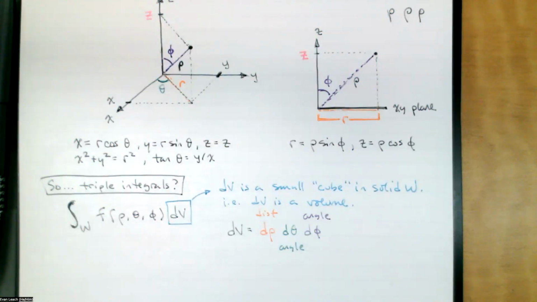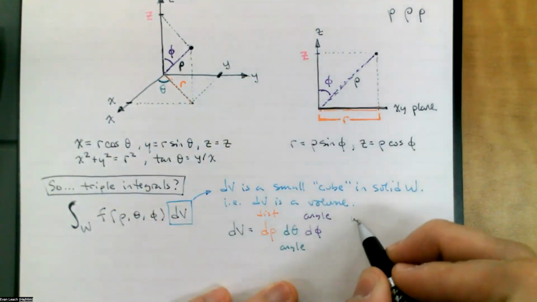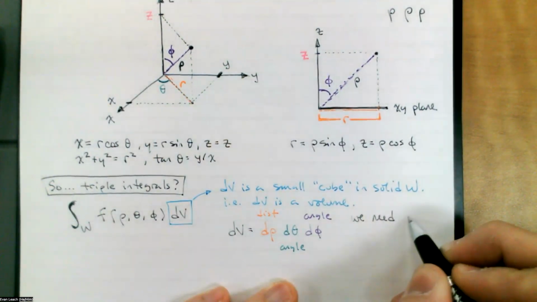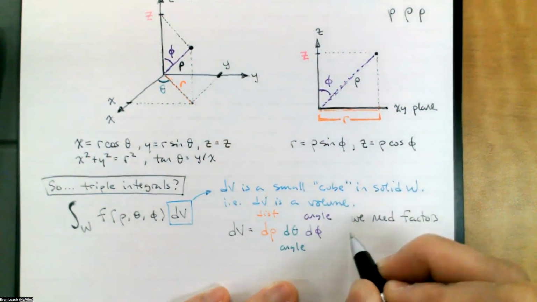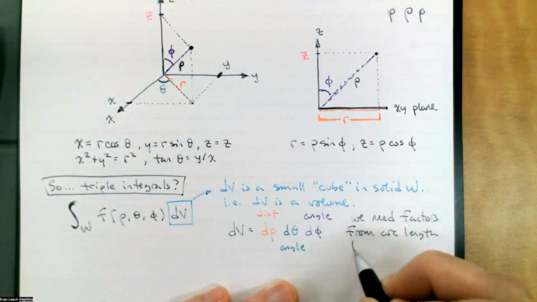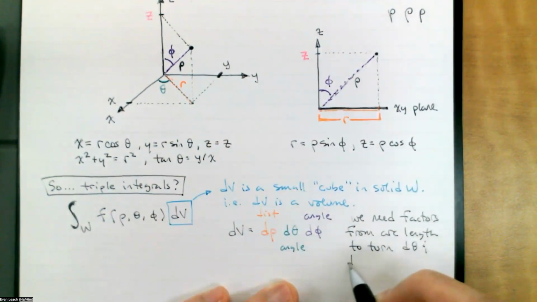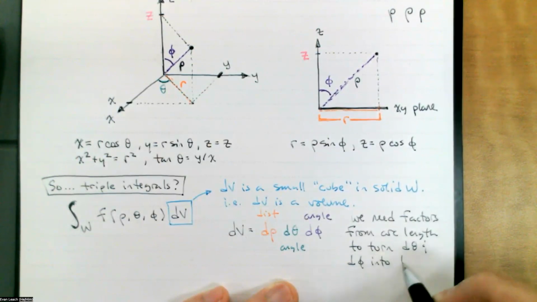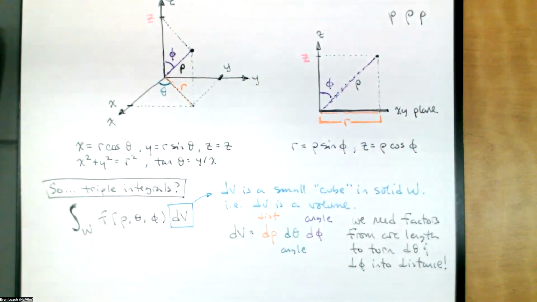So I'm going to need some factors to turn d theta and d phi into distances. We need those extra factors from arc length.